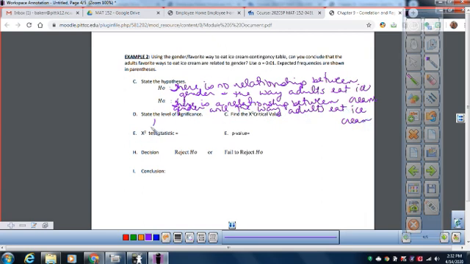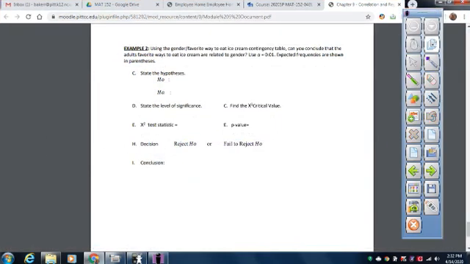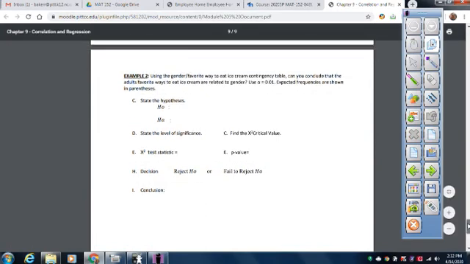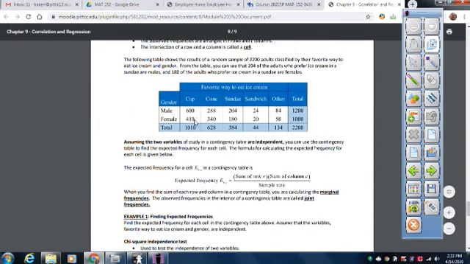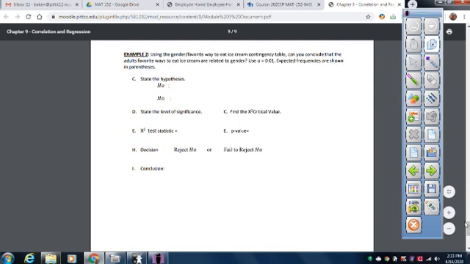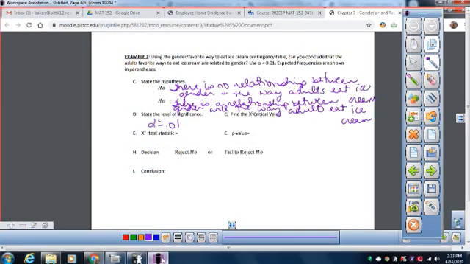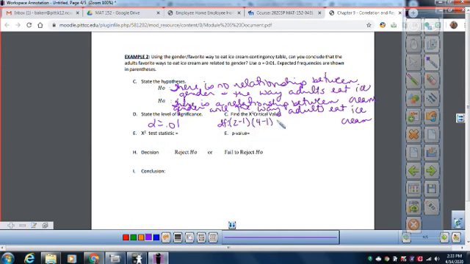It tells you to use an alpha level of 0.01. The critical value, if you look back at the problem, there are 2 rows and 1, 2, 3, 4, 5 columns. So for the critical value, we're going to do 2 minus 1 times 4 minus 1.